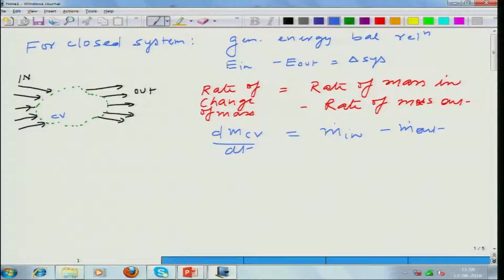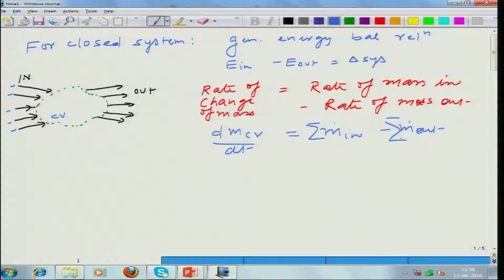This would be a specific relation, but if there are many streams, then we can write this as a summation of all the rates of mass in due to different streams, and similarly for the case of mass out.